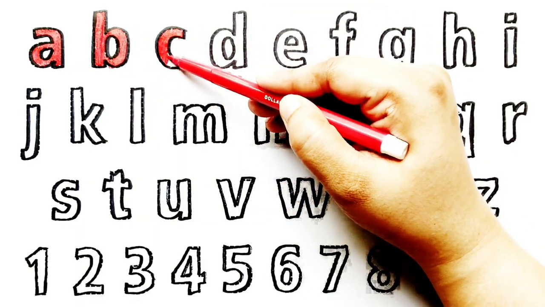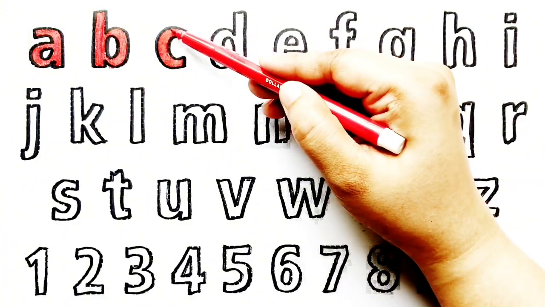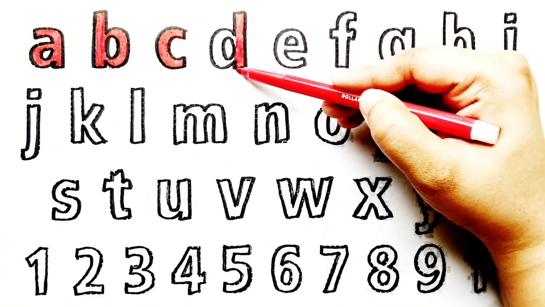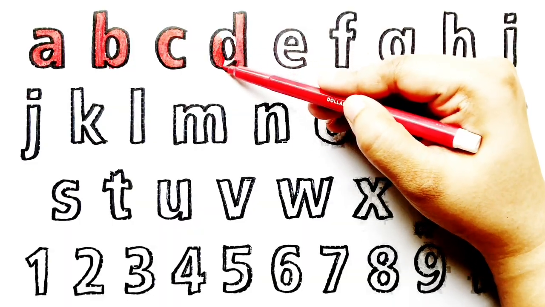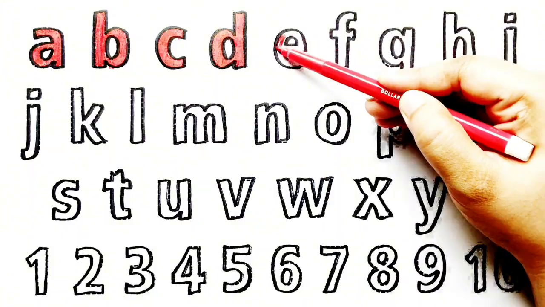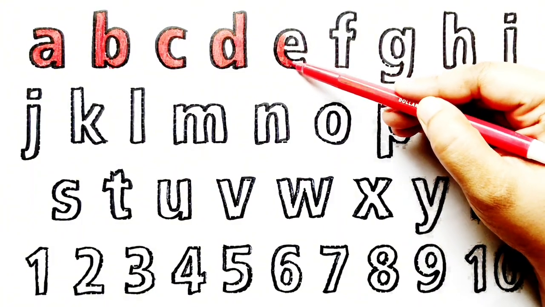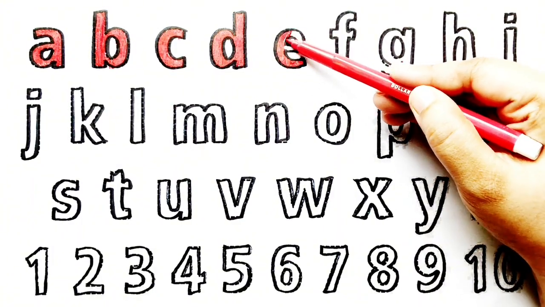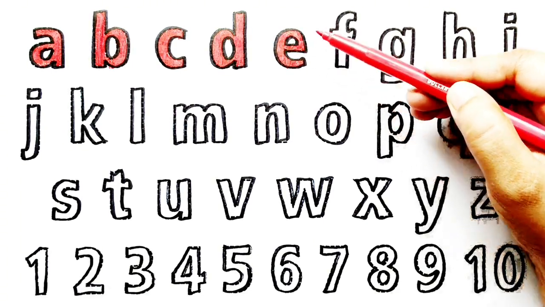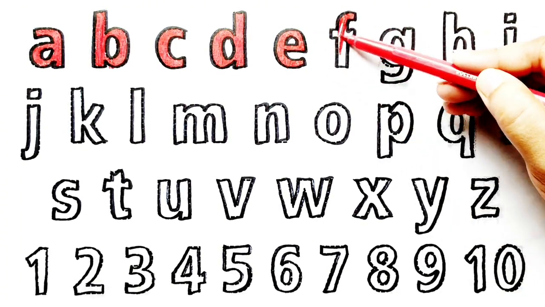C for carrot. D for donut. E for elephant. F for fan.